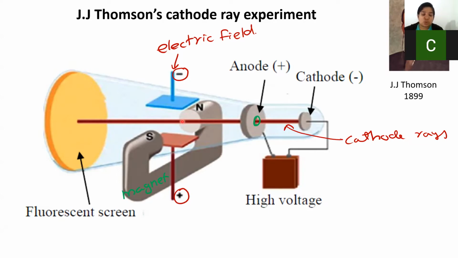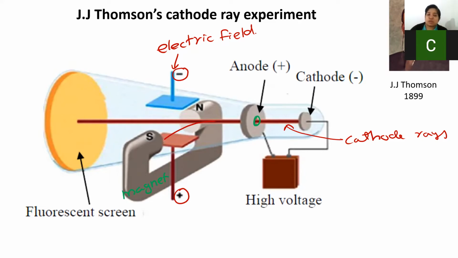When it goes through, he turned on the electric field. First, he turned on the electric field and he noticed that this cathode ray actually tilted towards the positively charged plate. So this cathode ray here actually tilted like this towards the positively charged plate.